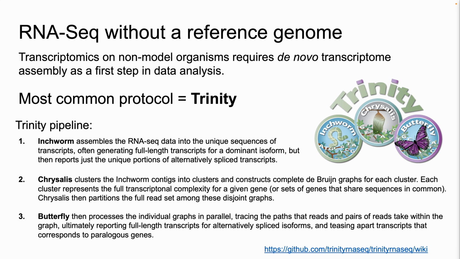I'm not going to go into the details of this. I've given you a video for how they get assembled and then clustered into transcripts. The assembling step, inchworm, and then chrysalis is doing the clustering, and then butterfly is actually producing the transcripts.